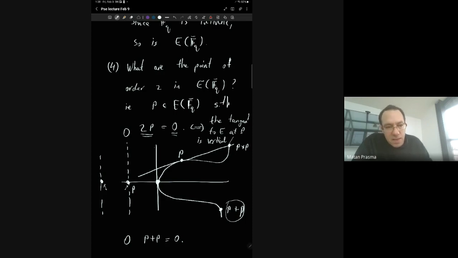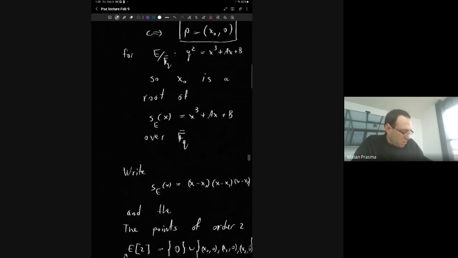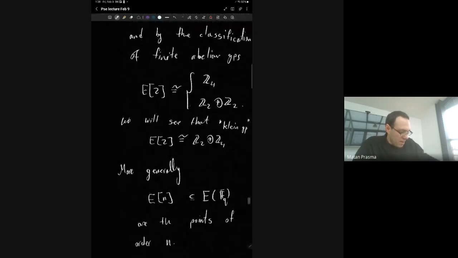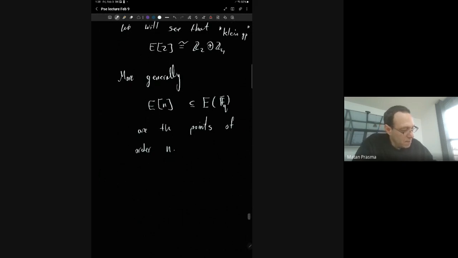So it is nicer to look at points of order 2 in the ideal setup, that's the algebraic closure. Okay, so this is just a little bit about the group structure and things related to it.